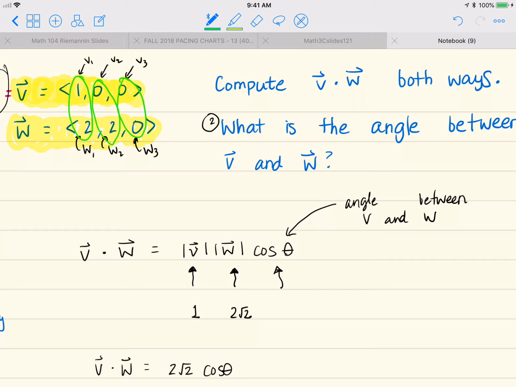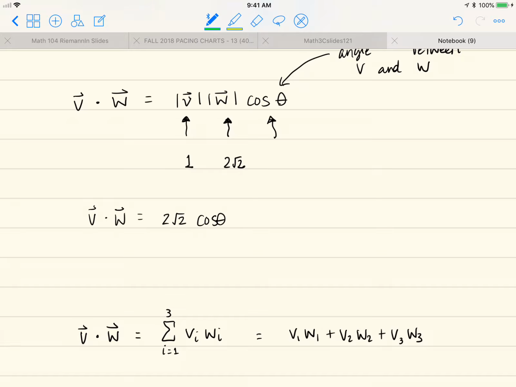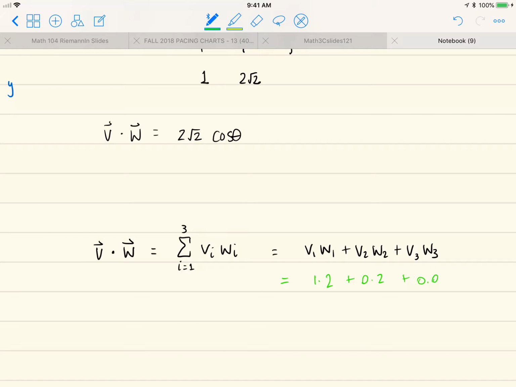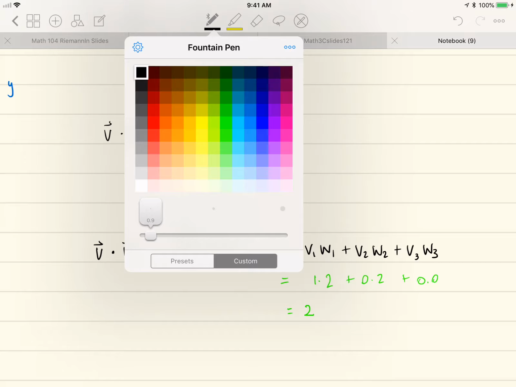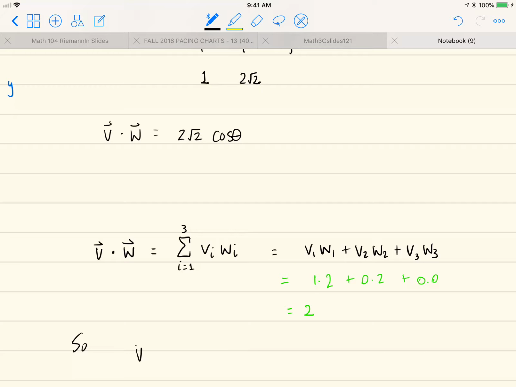So that's 2 plus 0 plus 0. So we'll have 1 times 2, plus 0 times 2, plus 0 times 0, and that should be 2. So we know that the dot product is equal to 2.